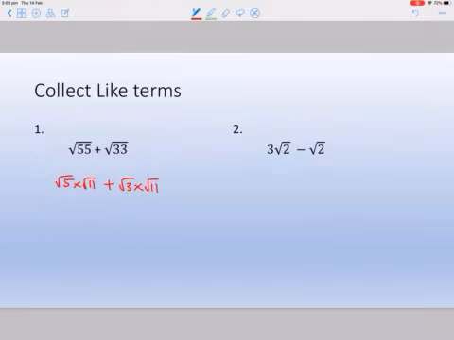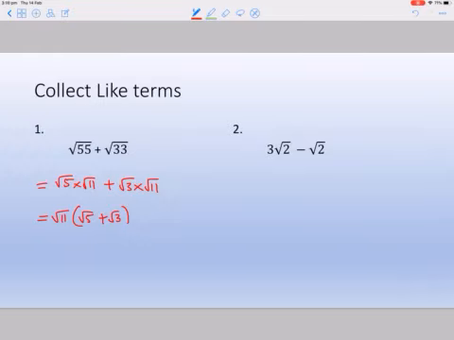So I can actually take a factor of root 11 out and go root 5 plus root 3. There's not too many times in a maths exam that you'll need to do this kind of weird thing, but just know that surds are just like algebra. They're really moldable. You can do things like what I've just done there.